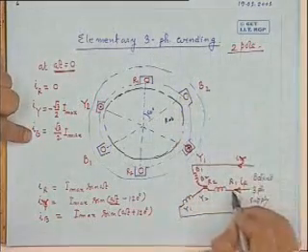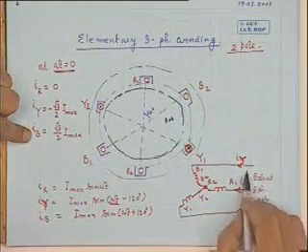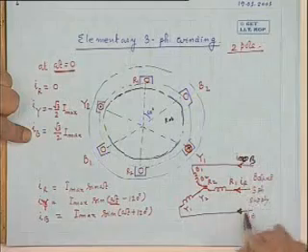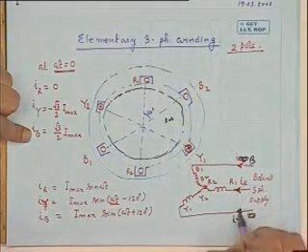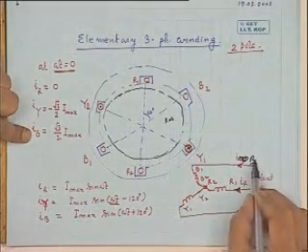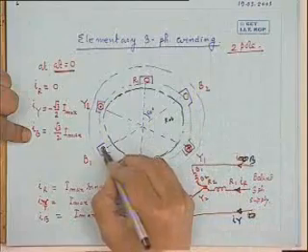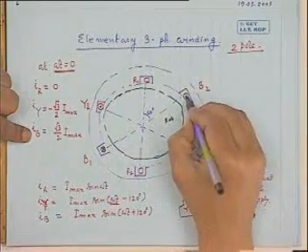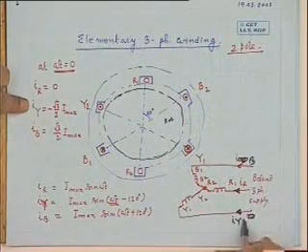Sorry, B is positive, just wait. This is not IR, this is IB, sorry. This is IY. I'm sorry. This is IR, this is IY, this is IB. So IB is positive, meaning current is entering through B1, that is, this is cross, and this should be dot.